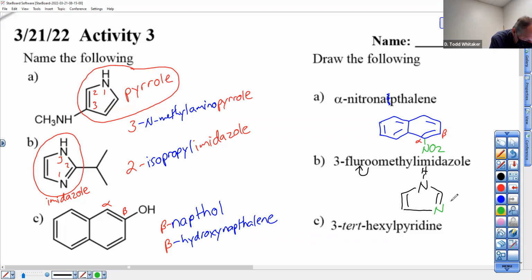Based on our numbering from our first one, I realized 3-fluoromethylimidazole. Hey, that H has got to go away, doesn't it? Position 1, 2, 3. And it's replaced by a group. I think it would have been better to say N-fluoromethyl, wouldn't it?